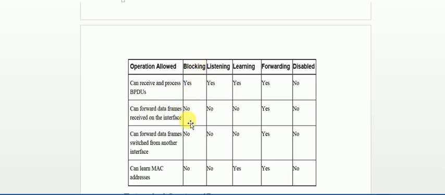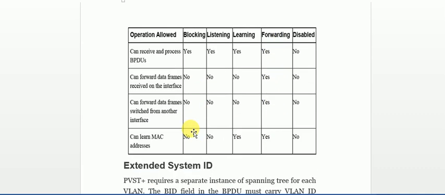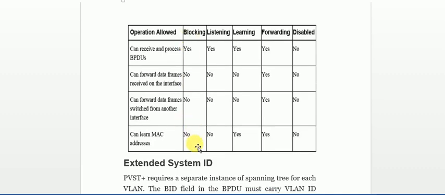In blocking, listening, or learning state, they cannot forward data frames. Only in the forwarding state can a port forward data frames switched from another interface. Blocking and listening cannot learn MAC addresses; in learning and forwarding states, they can learn MAC addresses.